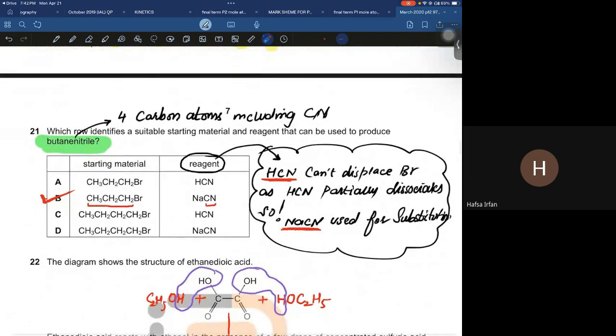Question 21. Which row identifies a suitable starting material and reagent that can be used to produce butane nitrile? You know butane nitrile?